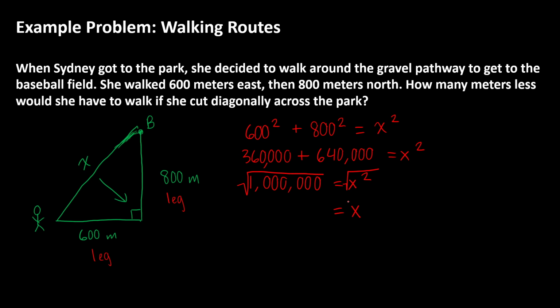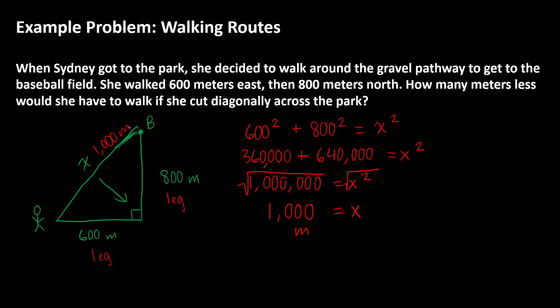So the square root of 1 with 6 zeros behind it is 1,000. And we know that we are measuring in meters. This is 1,000 meters. So the distance between Sydney and the baseball park, if she just walked diagonally across the park, would be 1,000 meters.